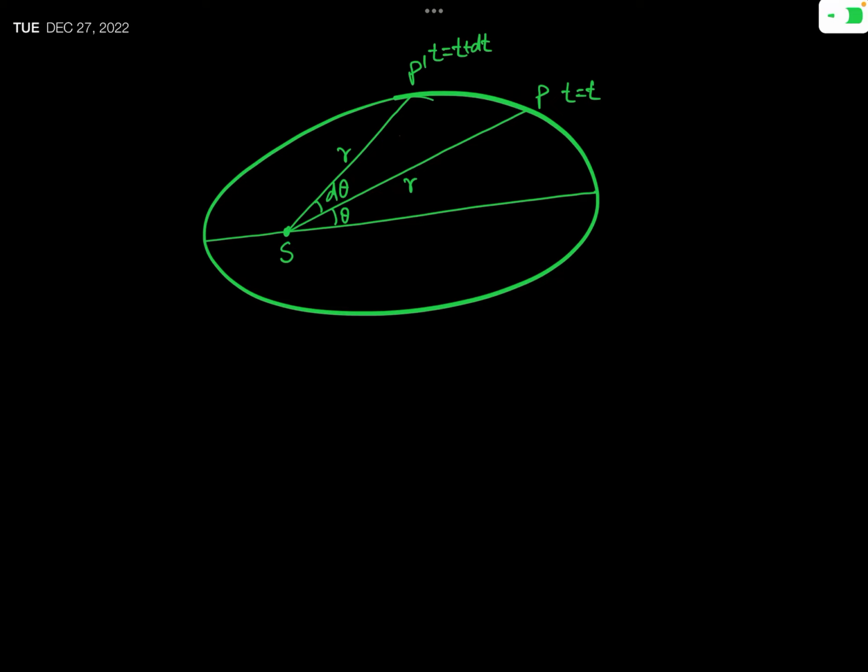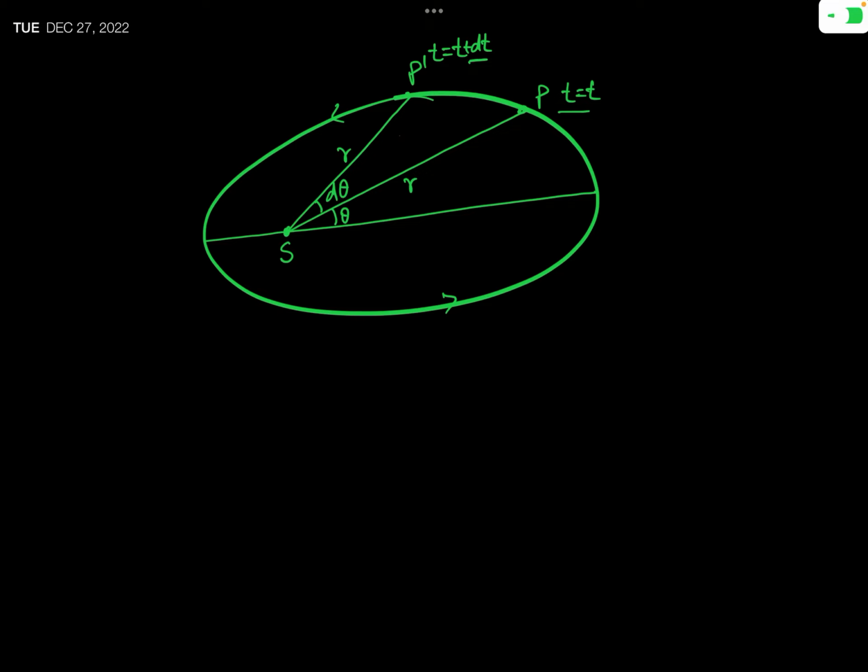So to prove this second law of Kepler, let us consider this is the elliptical orbit along which a planet is moving, and at any time t, the planet is situated at this point P. After a very short interval of time dt, this planet moves to the position P dashed.